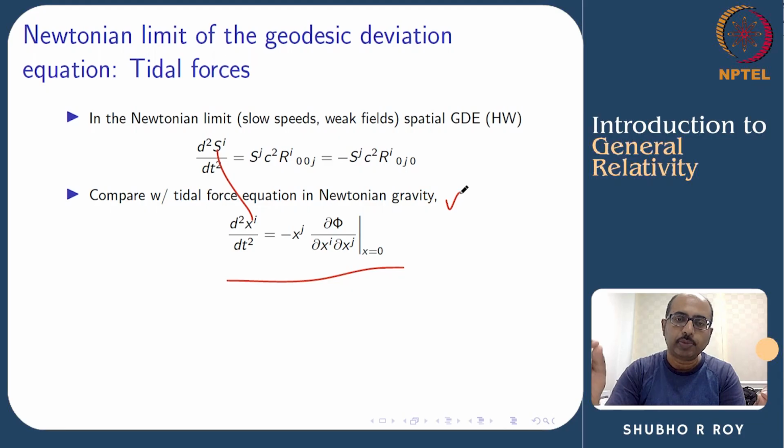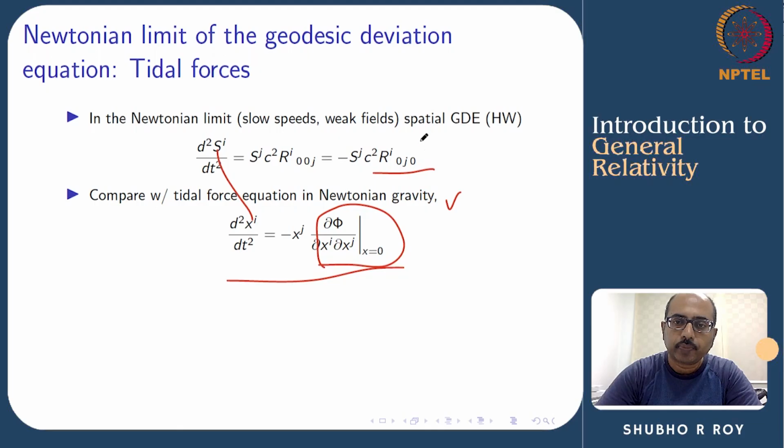That is, the displacement from the center of mass. So we are looking at the center of mass as one geodesic, and any other point on the extended object as the other geodesic. And their separation is xi. So if I replace S by xi, then we can identify c squared times the Riemann tensor of these components with this tidal force.